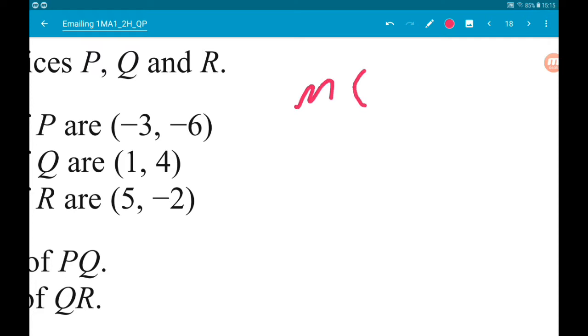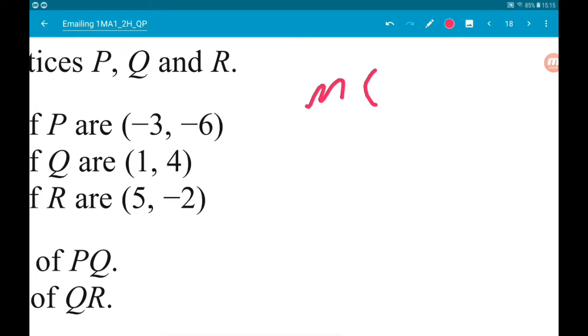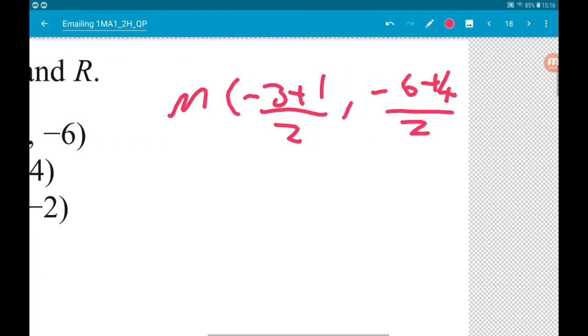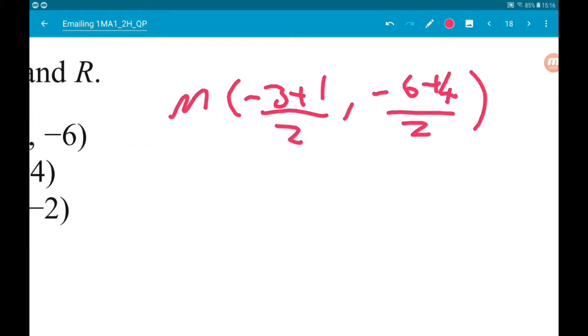So for the x coordinate, we're going to do -3 add 1 over 2. And for the y, -6 add 4 over 2. So, M has coordinates.